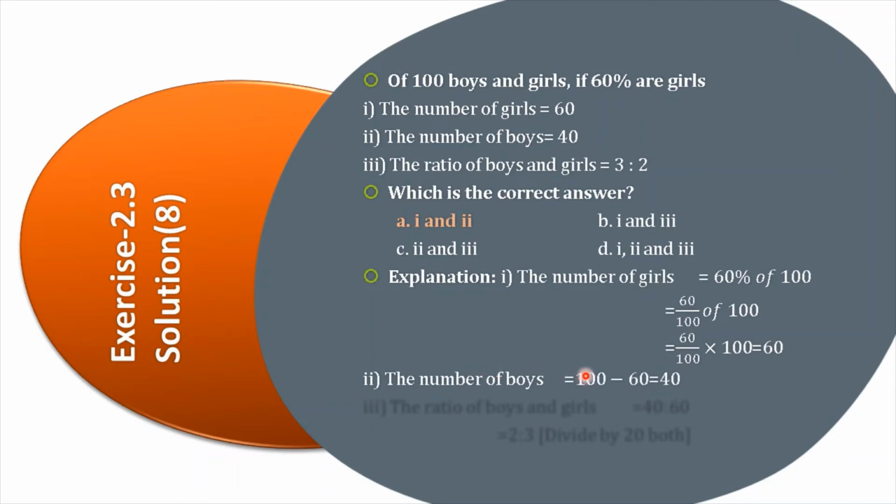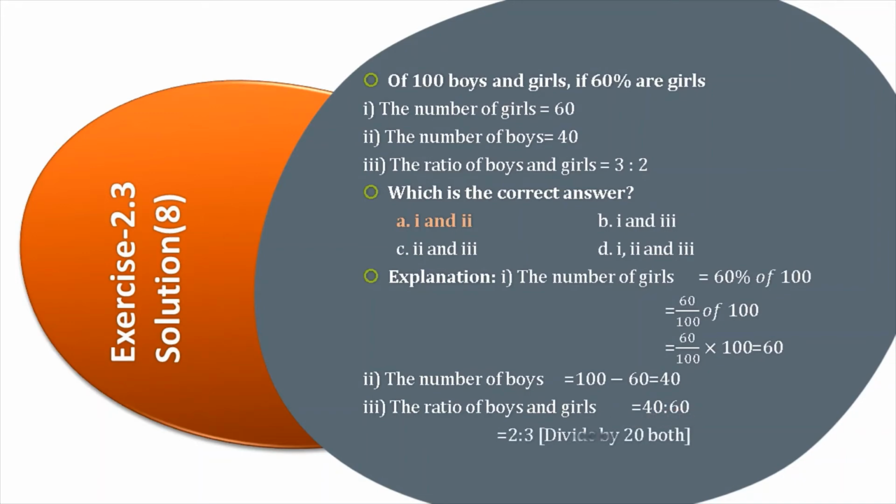The number of boys equals 100 minus 60, that would be 40. So 40 is also correct because 100 is the total. The ratio of boys and girls would be 40 is to 60, that is 2 is to 3, dividing by 20 on both sides. But in here it is written 3 is to 2 as the ratio of boys and girls.